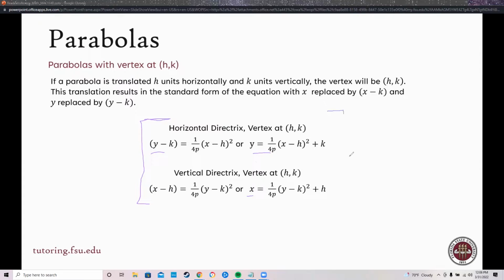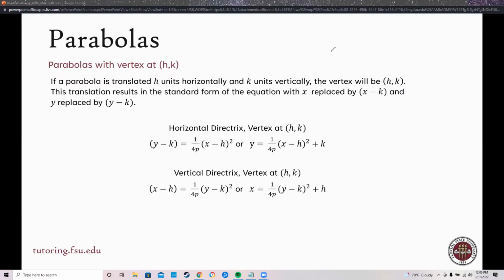Good to familiarize yourself with these equations and how the translation of adding h or k falls into the equation for a parabola here at x and y.